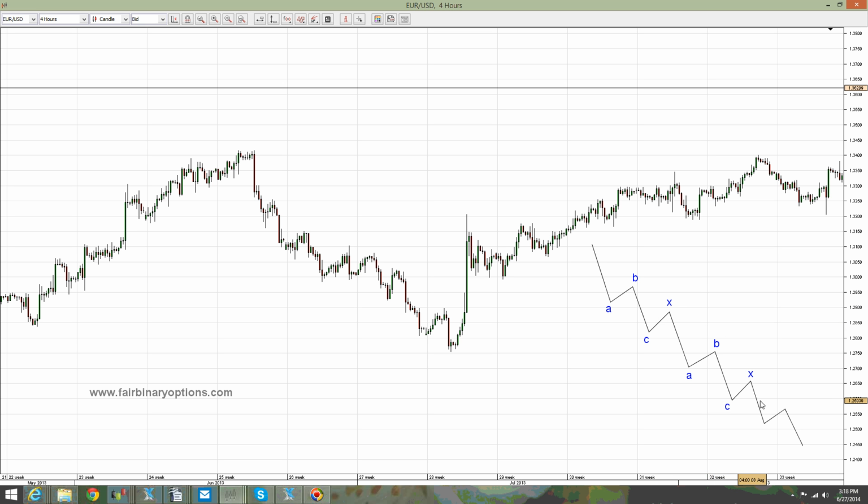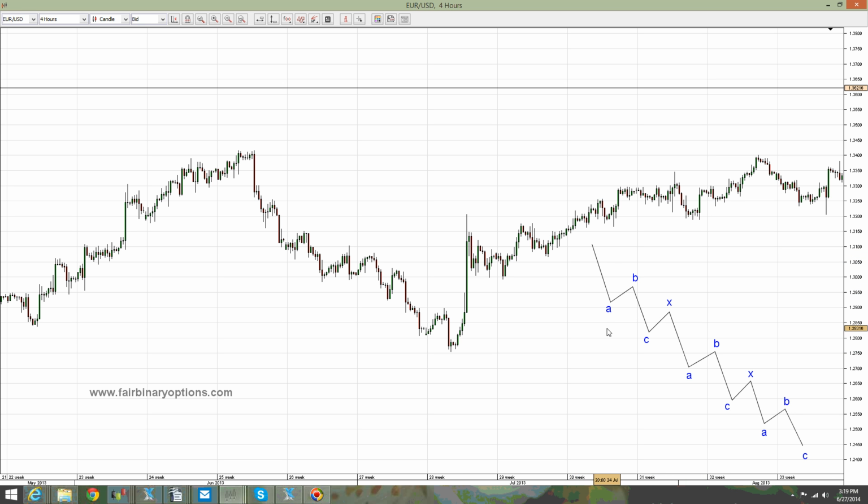And by the time the lows are being broken, the market forming another 5-wave structure, this should be labeled A, and the B wave, A, B, and C. This is a triple zigzag. If this would have been a double zigzag, then normally you will have only two zigzags here connected by the X wave.